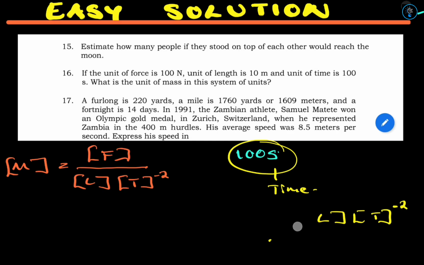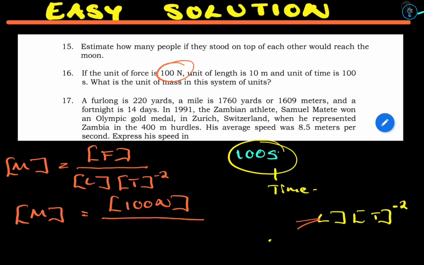From this step, it's just a matter of replacing the dimensions that we have. On force, we put the given unit, 100 Newton, divided by, on length, 10, and on time, 100.